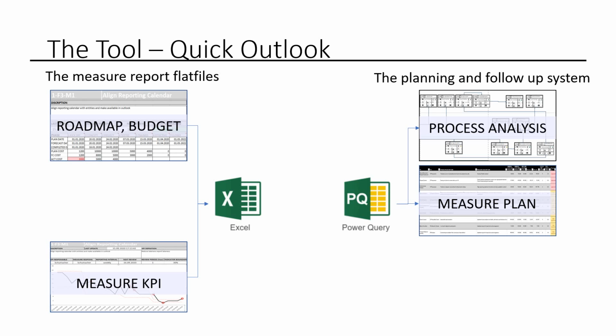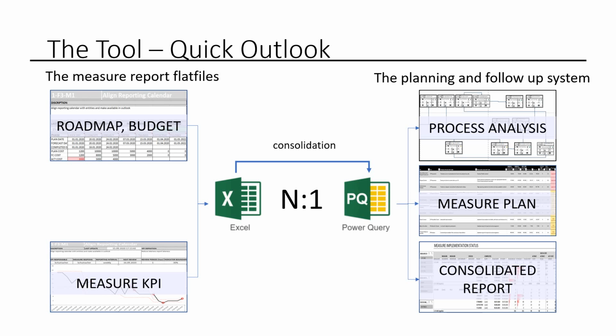Now, when you have several measures and you want a good overview of the entire situation, you have to consolidate that, and that is also done with Power Query. So a consolidated measure report over all measures and their status and effectiveness is also available in the planning and follow-up system.